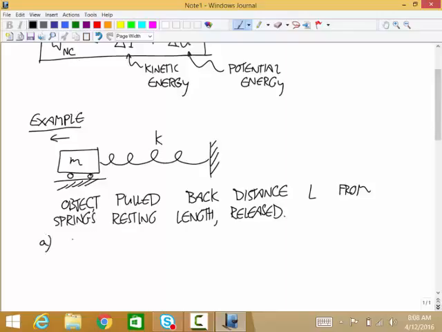So the first thing we want to do is figure out the speed of the object as a function of x.